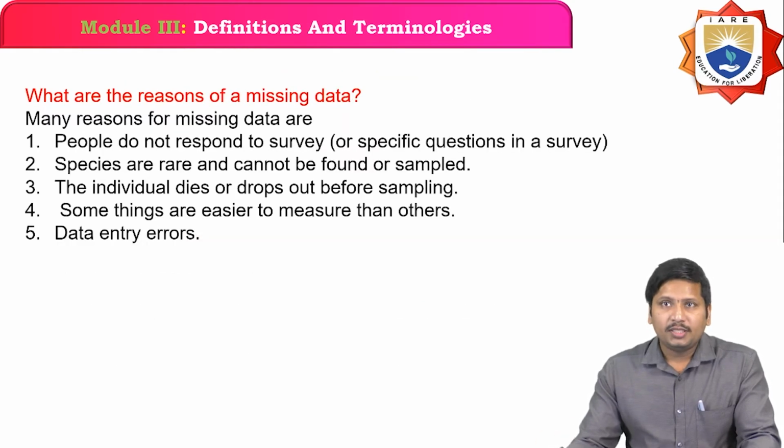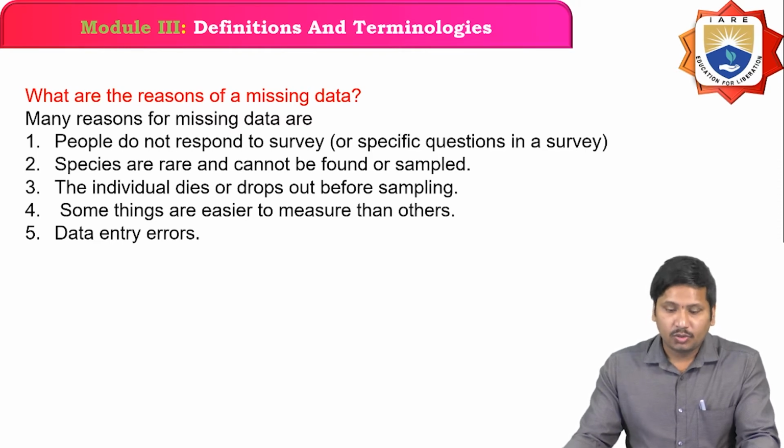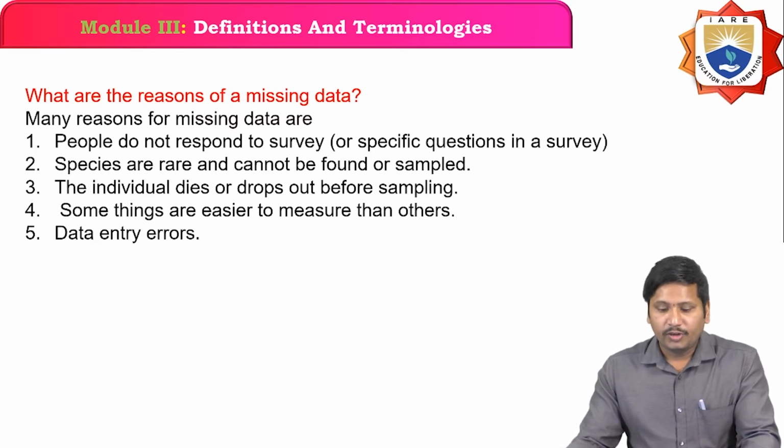And what are the various reasons for missing data? That is another question that may come up. The reasons include: people do not respond to the survey or to specific questions in the survey, species are rare and cannot be found or sampled, an individual dies or drops out before sampling, some things are easier to measure than others, and data entry errors.